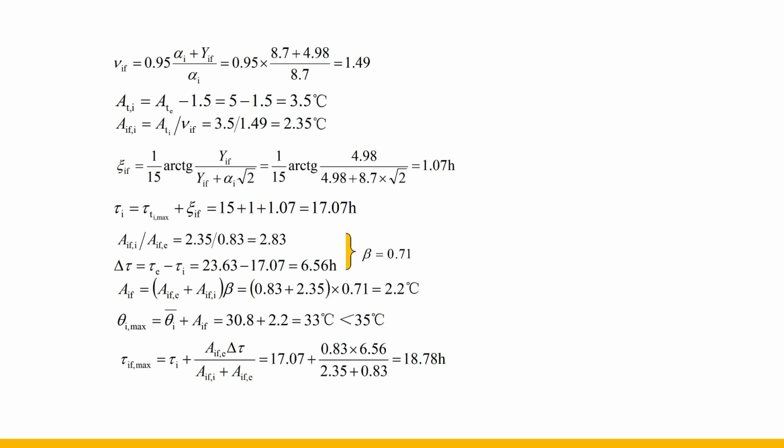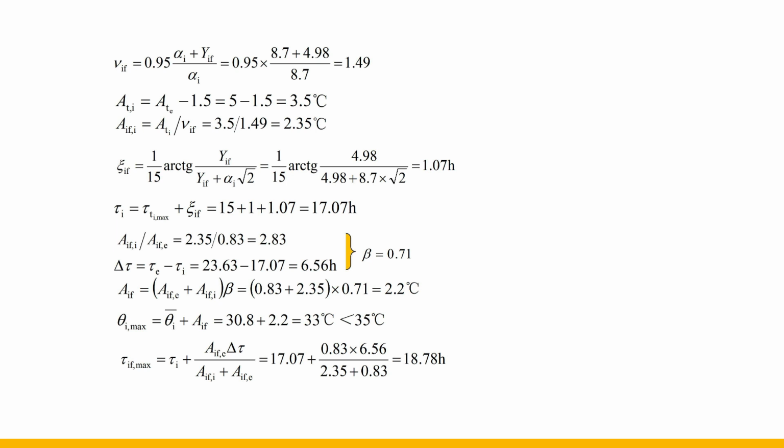Using the inner surface heat transfer coefficient of 8.7 and the inner surface heat storage coefficient of 4.98, when the harmonic moves from the inside to the outside, the delay time of the indoor harmonic transmission to the inner surface is 1.07 hours.